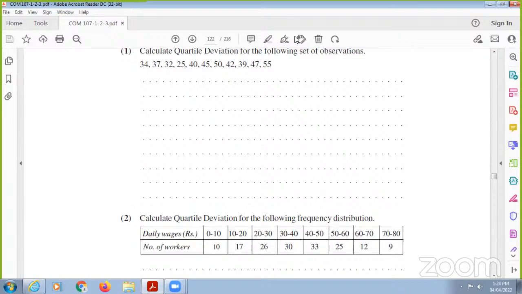Then n upon 4 is the formula, that means 162 upon 4 will be the 40.5 th observation.